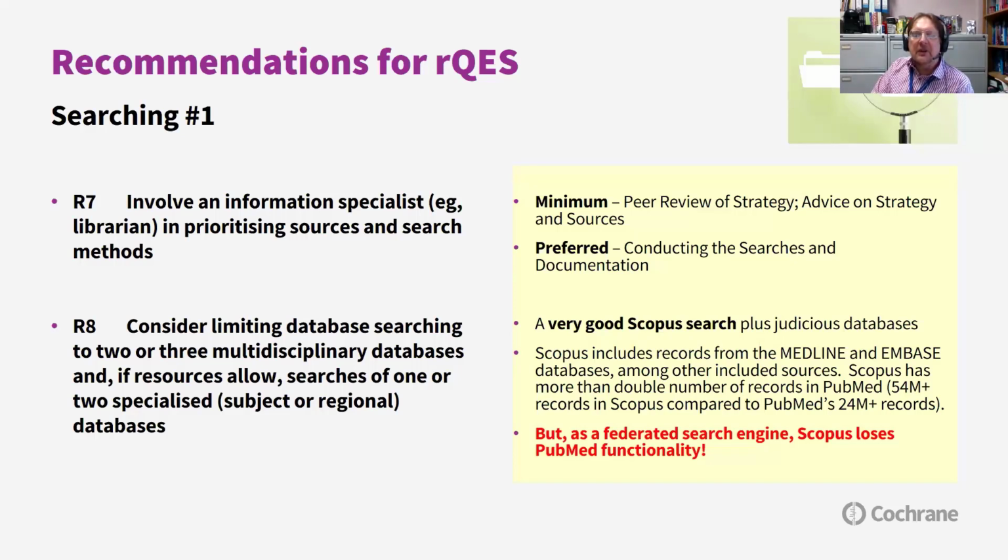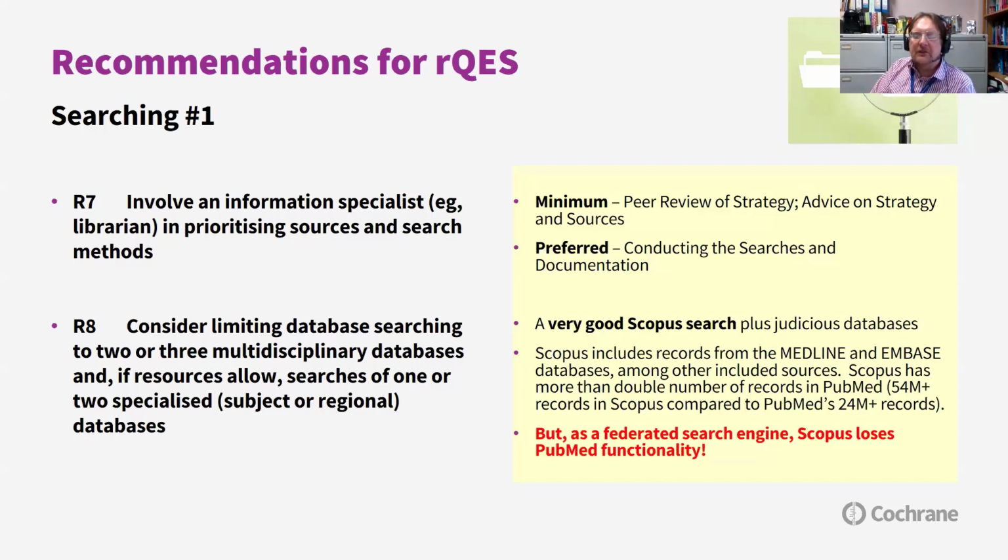So Scopus would be a good source in terms of its coverage, but with a health caution here: because it's a federated search engine, a search engine made of multiple search engines, it loses some of the functionality that PubMed records have when they are in the PubMed system.